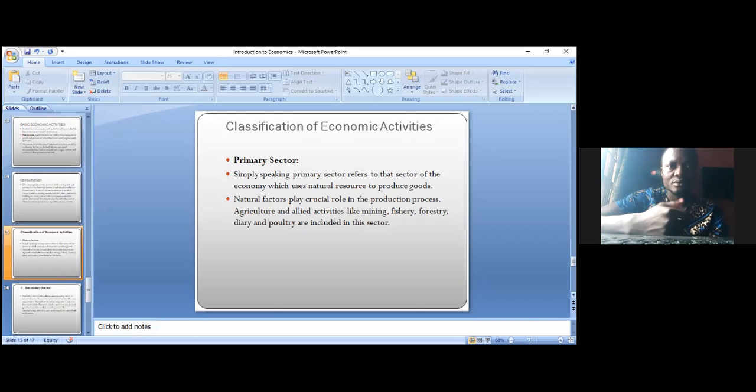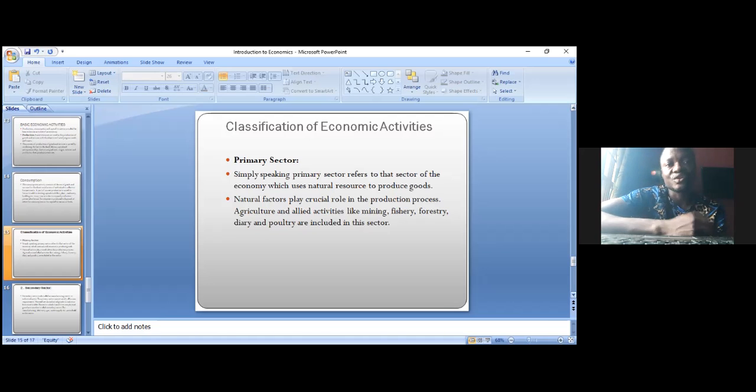You plant corn, you harvest the corn after 3 months or 10 weeks, depending on the kind of corn you are planting. You plant cassava, you harvest it after 6 months. That's the primary sector. You are into poultry or fishery. You bought fingerlings, you invested in it. After 6 months, 8 months, you have your fish available.